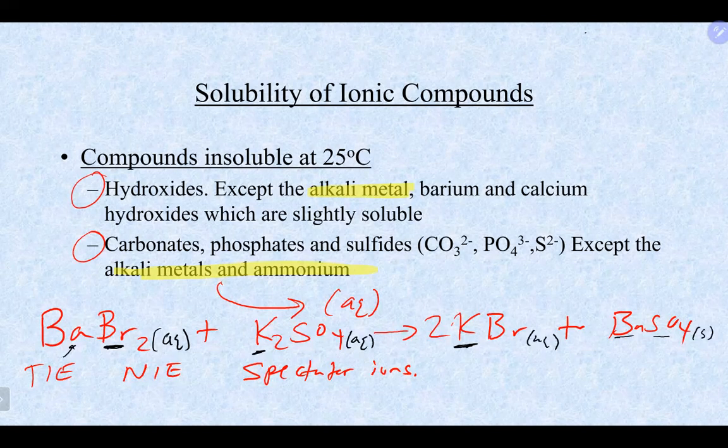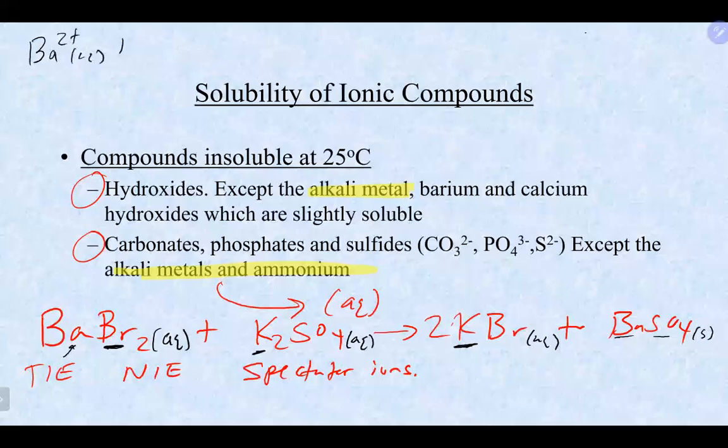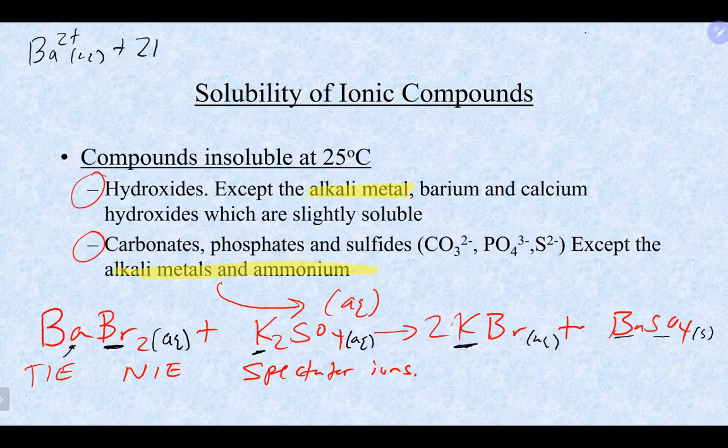To get to our total ionic equation, that means that we could safely break apart the barium into barium with a +2 charge. We then would have 2 of the Br minuses. Again, this 2 comes to the front when we do total ionic equation. This 2 here would also come to the front for our potassium. And we would have 1 sulfate there.